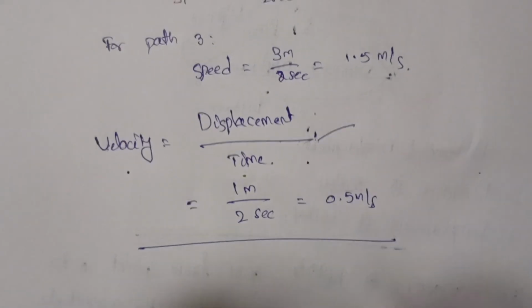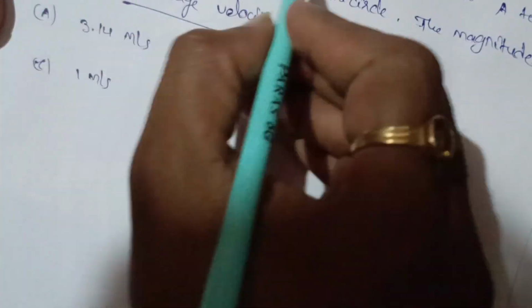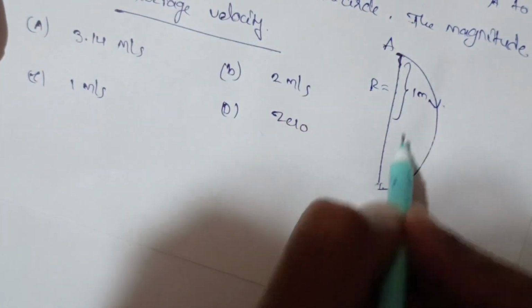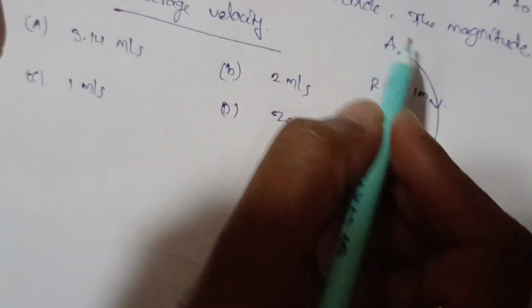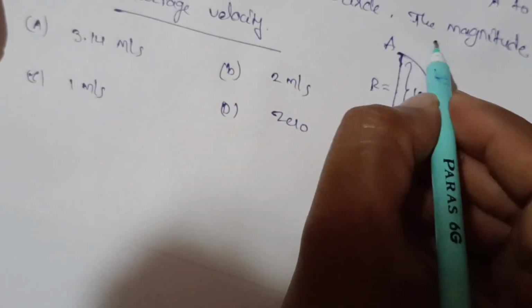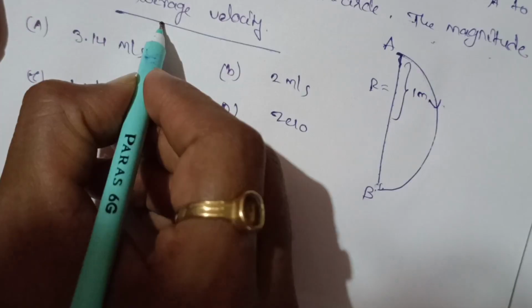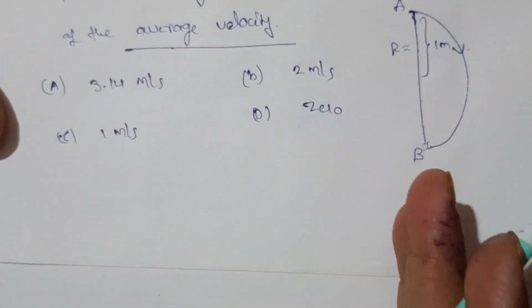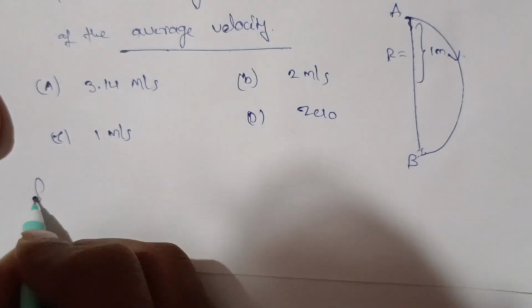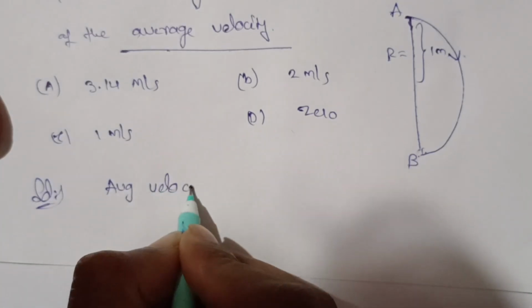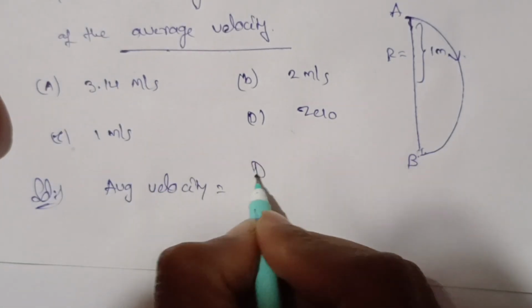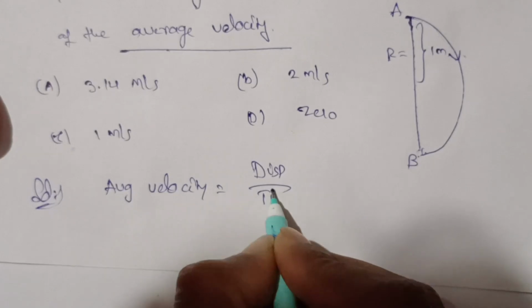I hope I am very clear. Now we go back to our question. In the time of 1 second, a particle goes from A to B, that is moving from here to here in a semicircular path. Find the magnitude of average velocity. What is the average velocity formula? Velocity is displacement by time taken.